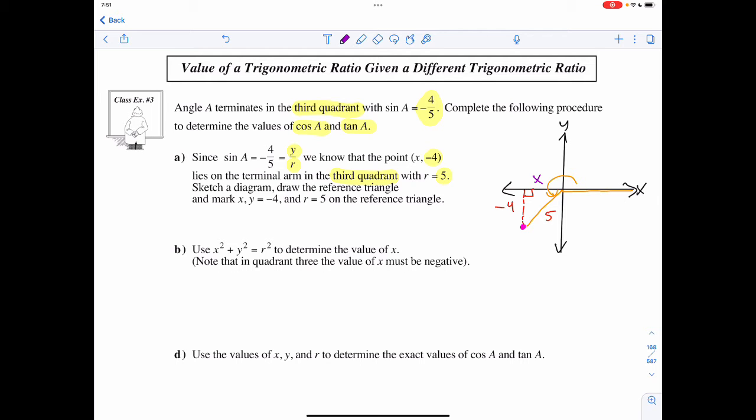I know what y is. I don't know what x is. So I'm solving for a different part of my right triangle. But I'm still going to use Pythag.